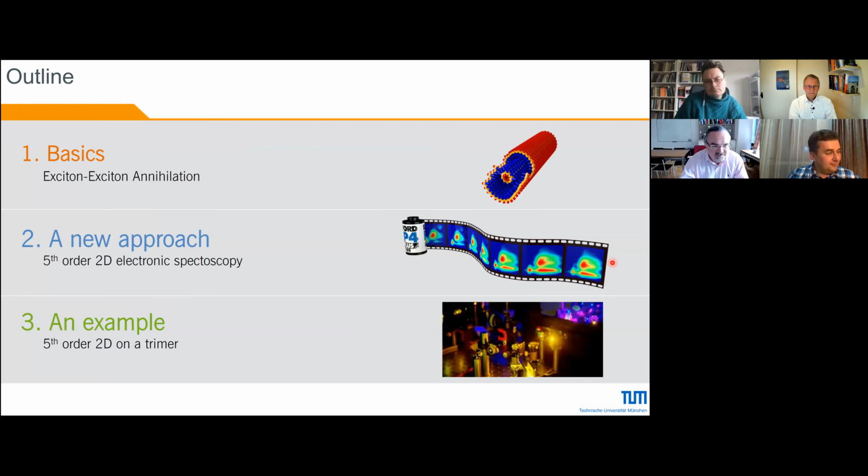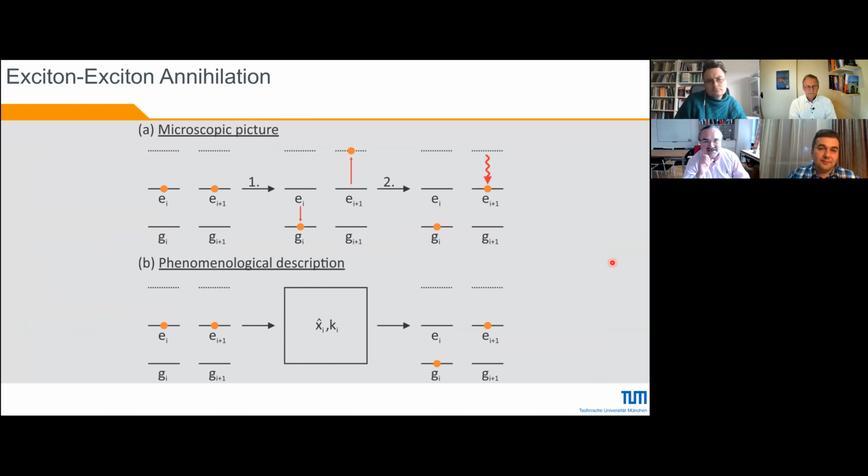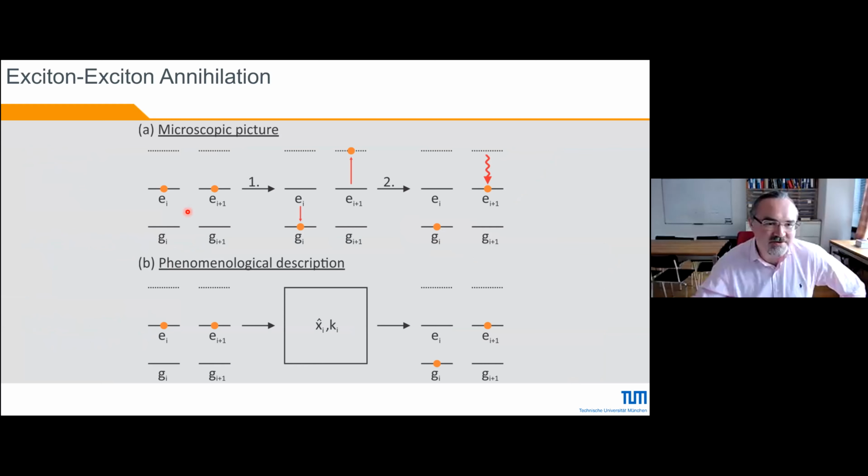But first of all, if you're not an expert, what is annihilation? We start with a very simple system here on the top left. It's two molecules, both of which have 3 electronic levels, and they sit right next to each other, and they carry 1 excitation each. So each of them is in an excited state.